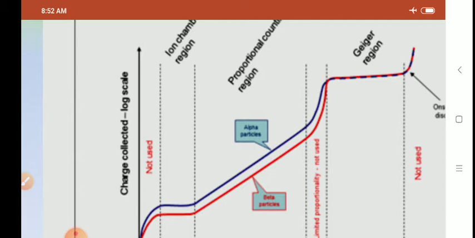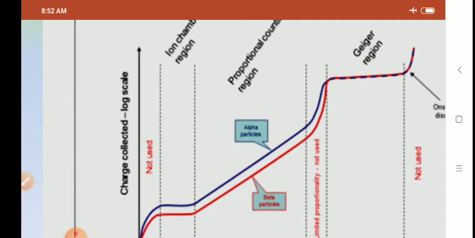They lose their kinetic energy, but because you are applying electrical energy, they get energized due to the applied electric field, and the process is repeated several times. So primary ions give rise to secondary ions, and they give rise to tertiary ions. This type of gas ionization amplification is called the Townsend avalanche effect after its discoverer.